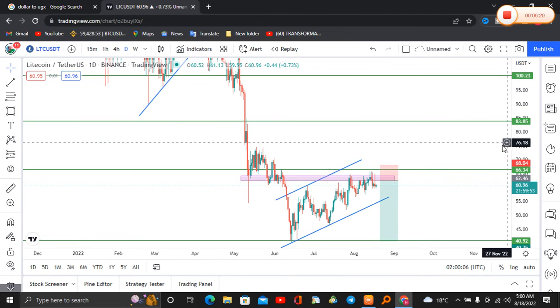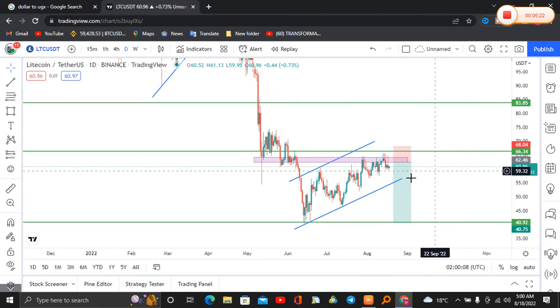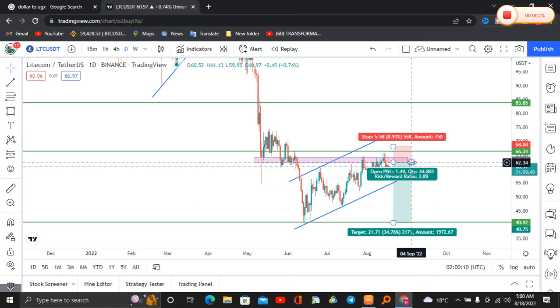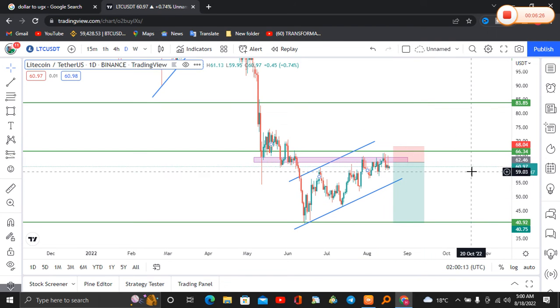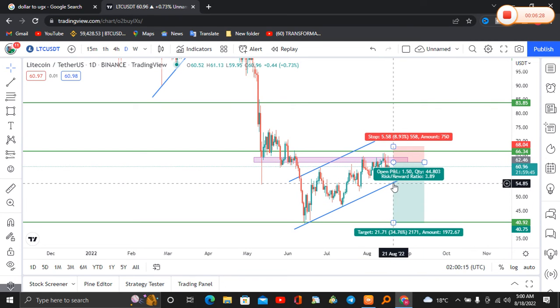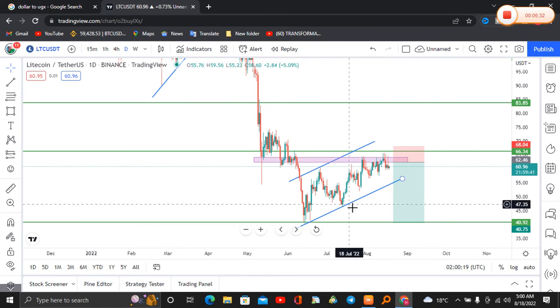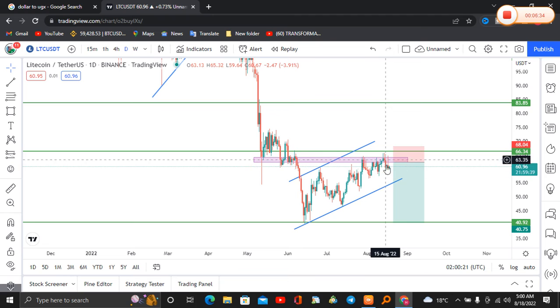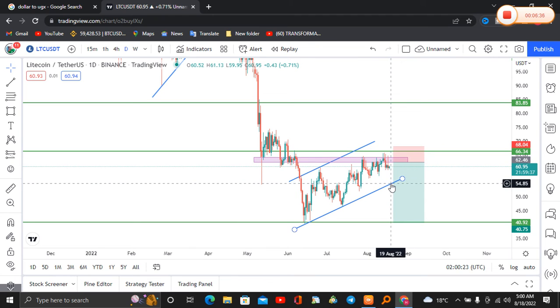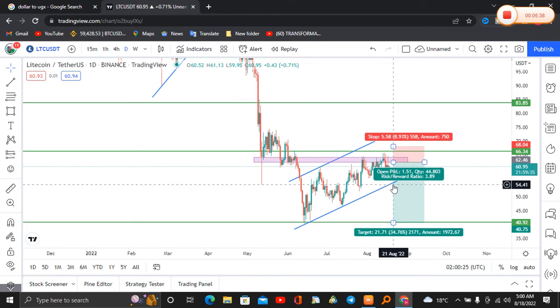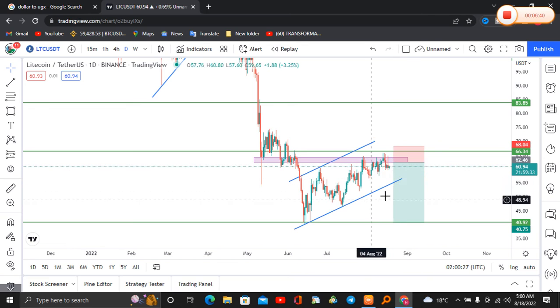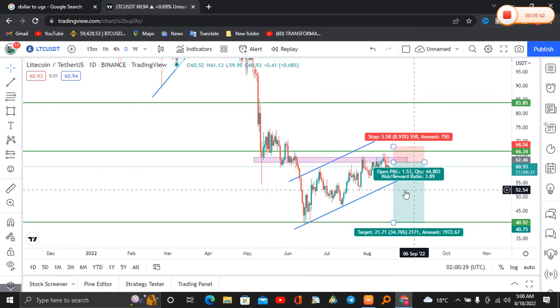I think we are together. Now with Litecoin, we are looking to sell it from $60, taking it back to the level of $55, because we can see we have our support trend line. Whenever Litecoin drops back to this level, we also experience a lot of buying pressure. But if Litecoin breaks this level, it will drop down to this level of $40.